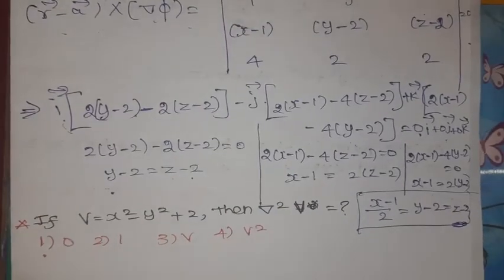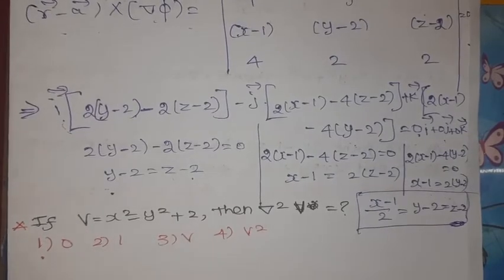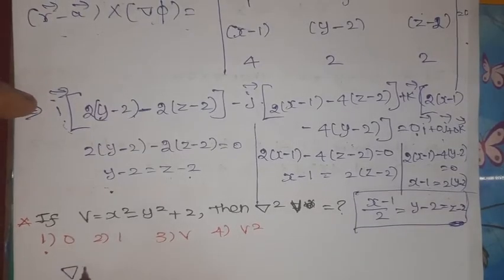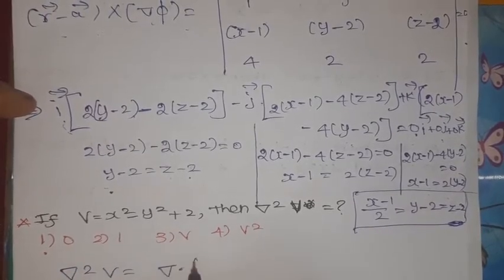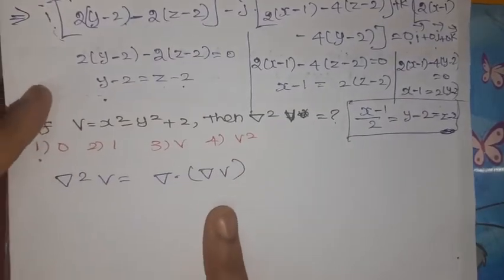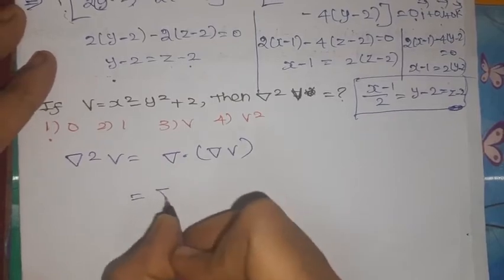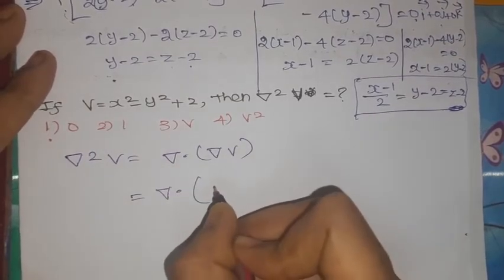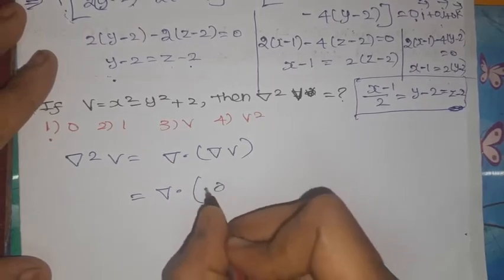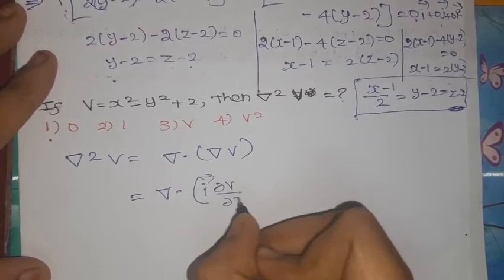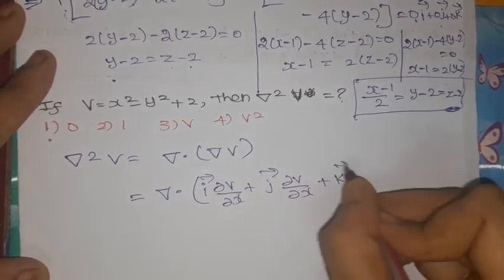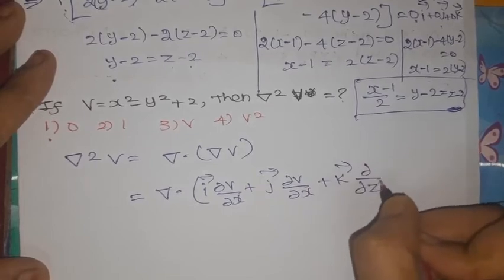So here v is given, then del squared v. Del squared v is nothing but del dot del v. So find the del v value, then the dot product. So del dot del v, what is that? I will write it elaborately. So what is del? Del v is i into dou v by dou x plus j into dou v by dou y plus k into dou v by dou z.